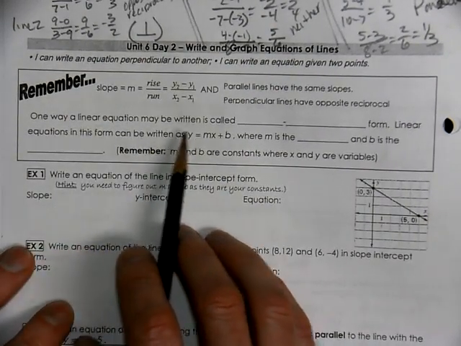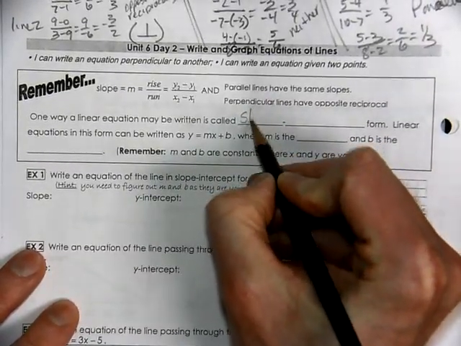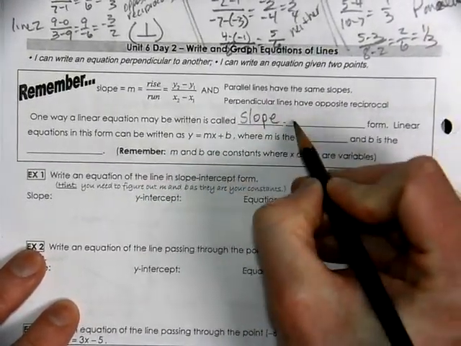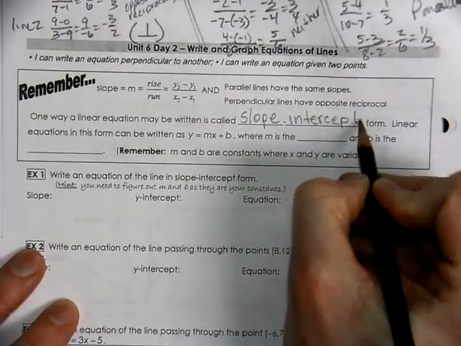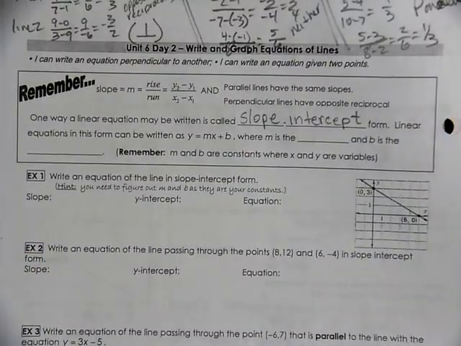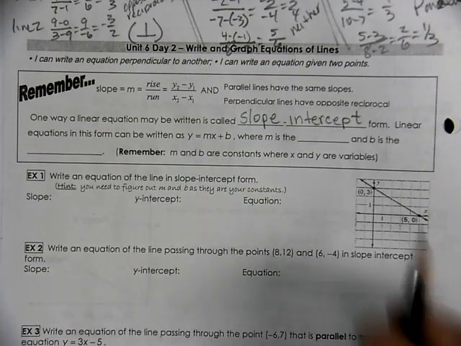One way a linear equation can be written is called slope-intercept form. So your equation is going to have a slope in it, and it's also going to have a y-intercept in it.